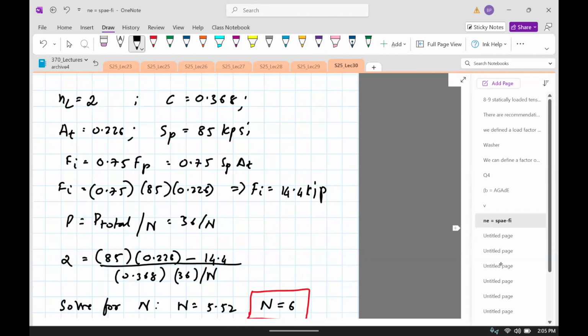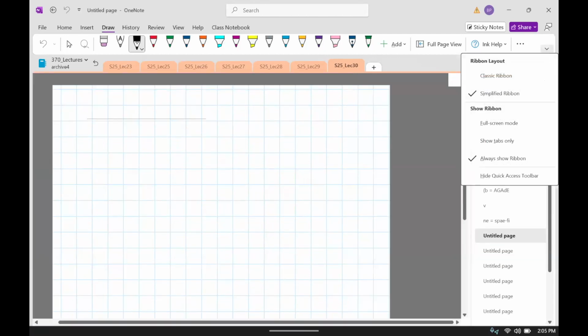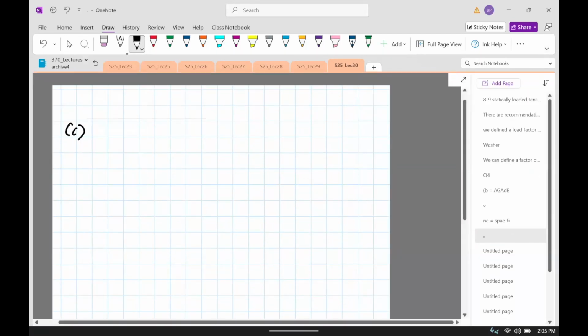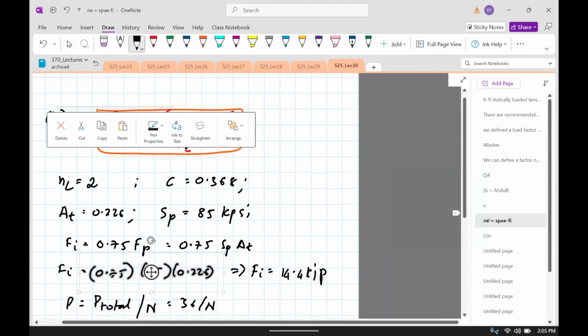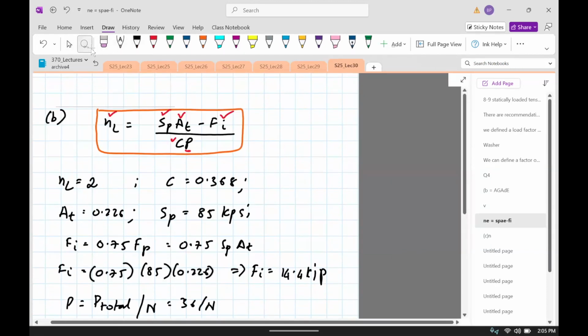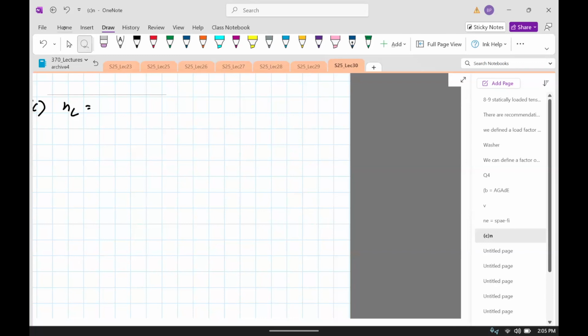So next, part C, we'll compute the load factor. That would be the same formula as this one. Let's copy and paste.